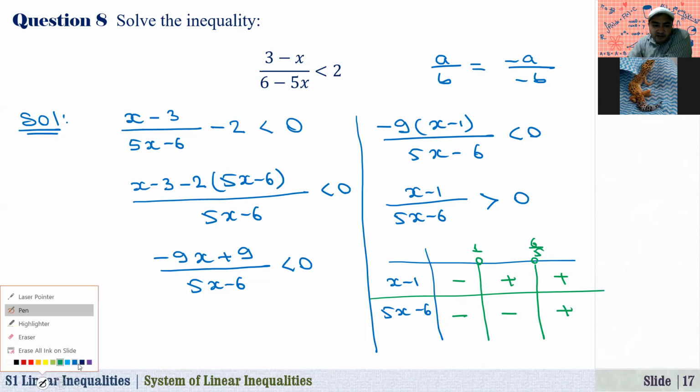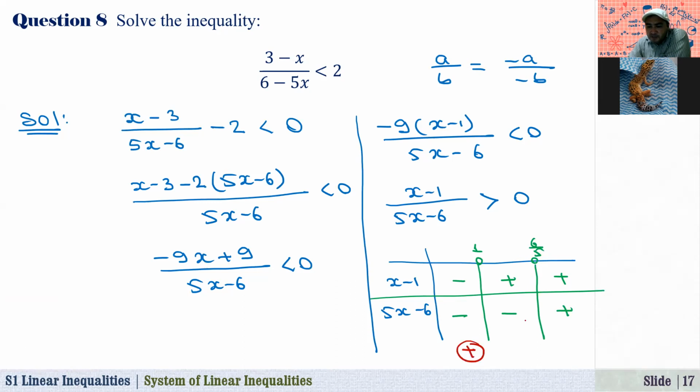So since we are dividing here, the result will be, what is it? Minus minus, it is plus. Plus minus, it is minus. Plus plus, it is plus. Our inequality sign, it is positive, right? So we should just take only positive signs. So at the time here, right, it will be the solution, or here it will be the solution.